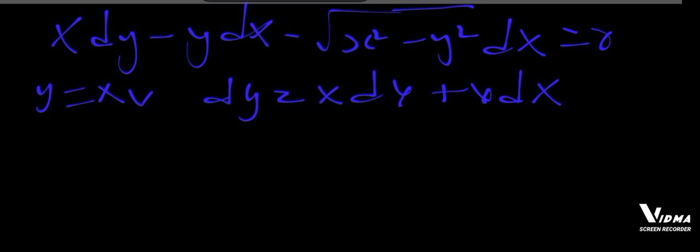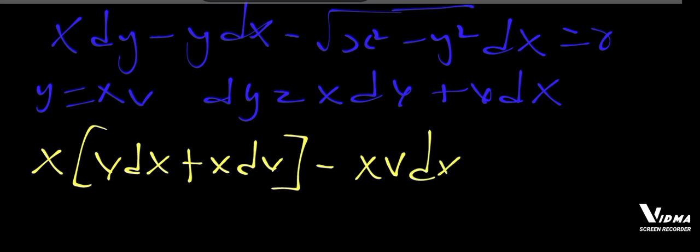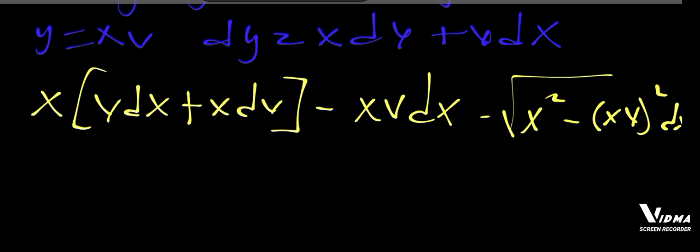We'll end up with x multiplying v dx plus x dv, minus y dx is just going to be xv dx, and it's going to be minus square root of x square minus x square v squared dx, being equal to 0.